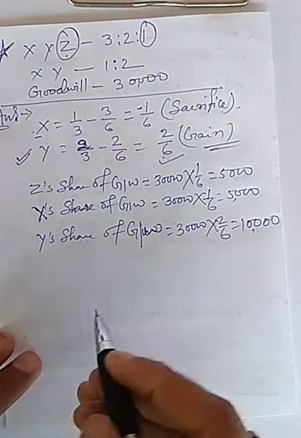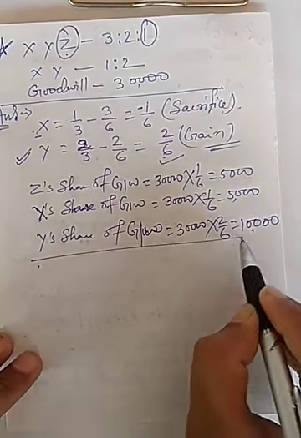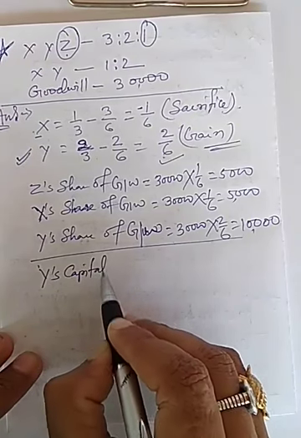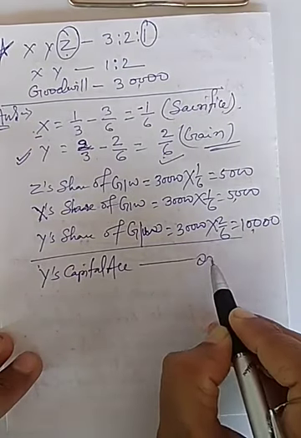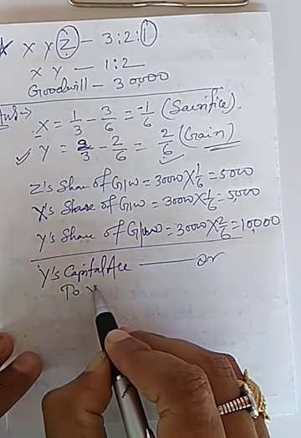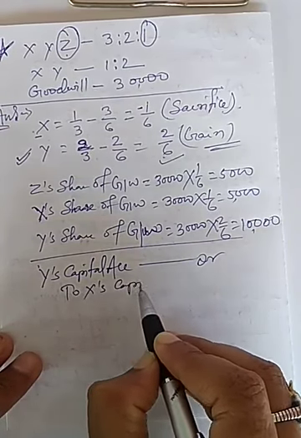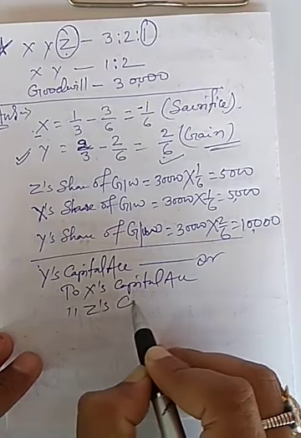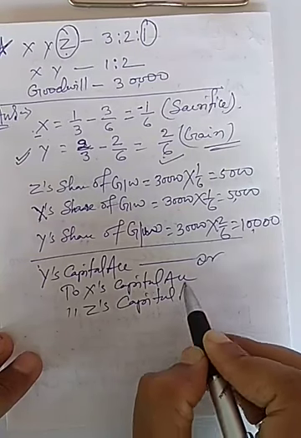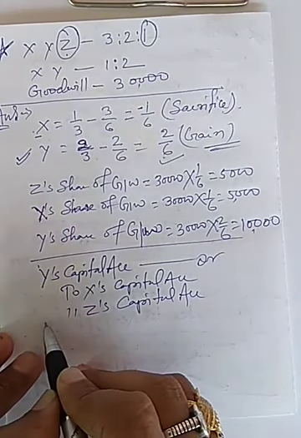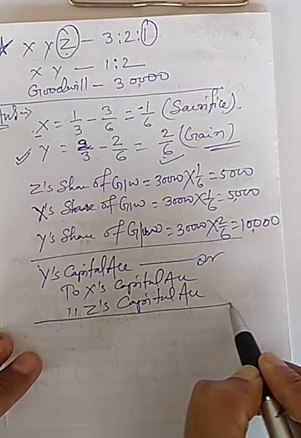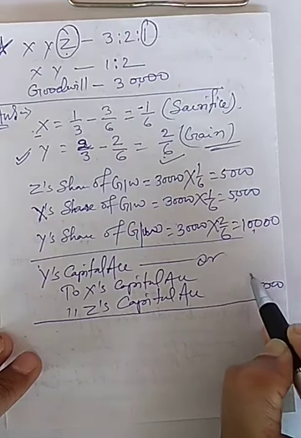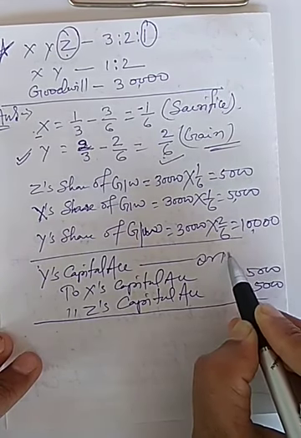Now the journal entry will be Y's capital account Dr to X's capital account, to Z's capital account. Amounts will be 5,000, 5,000 and 10,000.